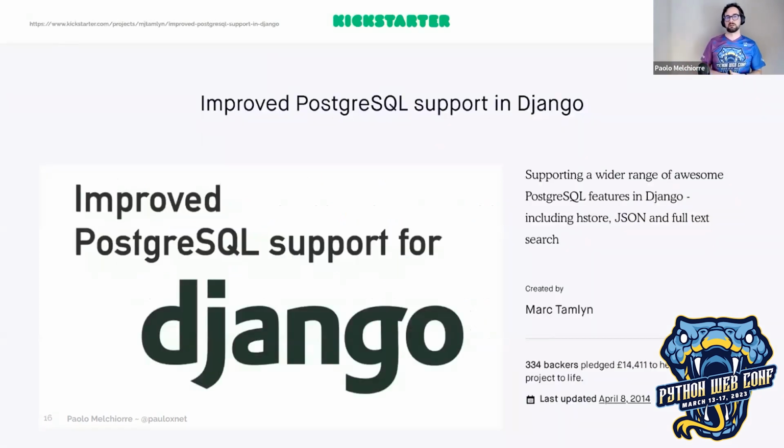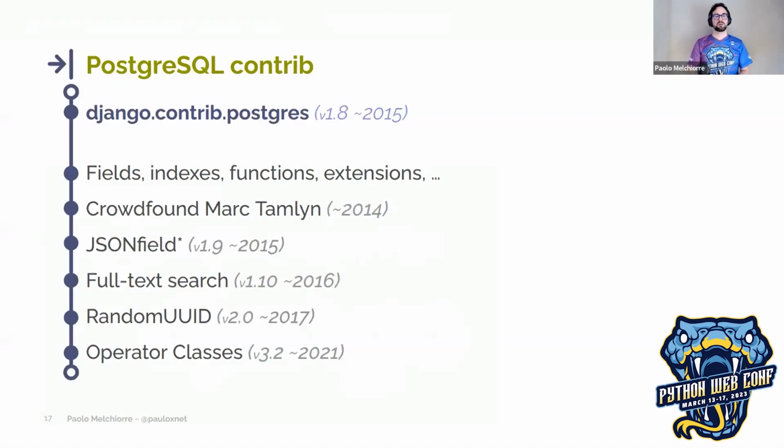For the same reason, in 2014, Marc Tamlyn, a Django core developer, started a crowdfunding campaign to develop a module to contain fields for a number of Postgres-specific data types. The campaign was a success, and the new module was merged in Django 1.8. The module now contains Postgres-specific fields, indexes, functions, extensions, and so on.